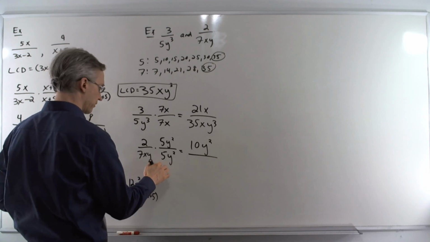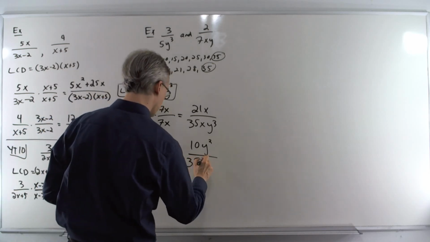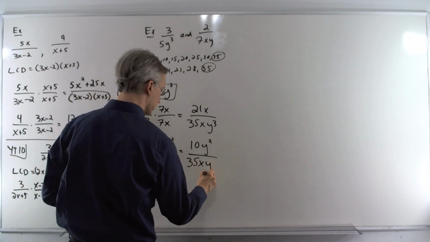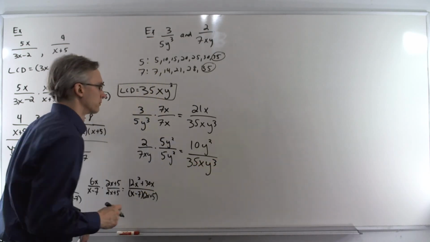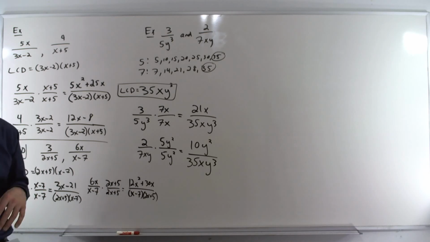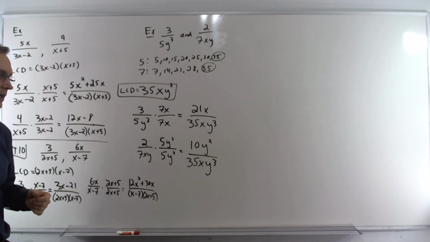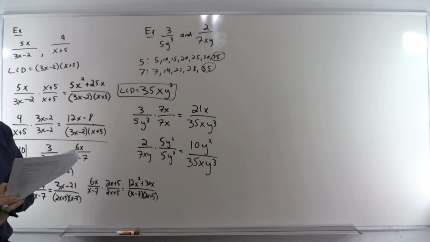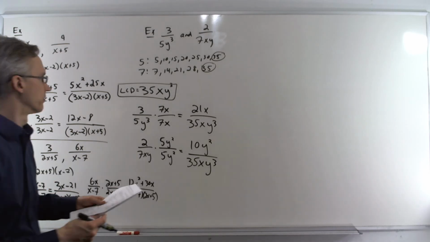And the bottom we got 35x, and y times y squared is y to the third power. So there's our two fractions with the same denominator, and now we're ready to go ahead and add and subtract those together. Your turn, number 11.